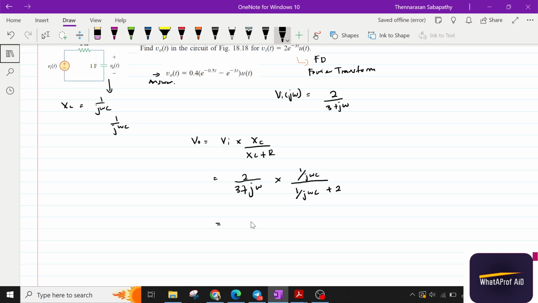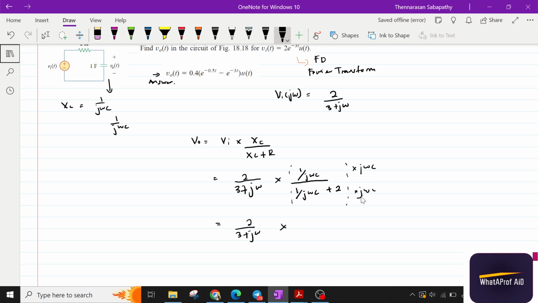So from the beginning, I think we can just solve this part to make it nicely comparable with the Fourier transform table. So just keep it like this: 2 over 3 plus j omega, and on this side we try to make it in a proper way, where we multiply with j omega c on top and bottom.